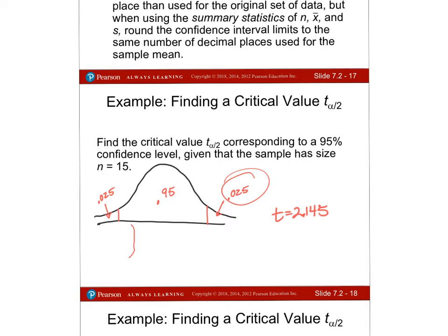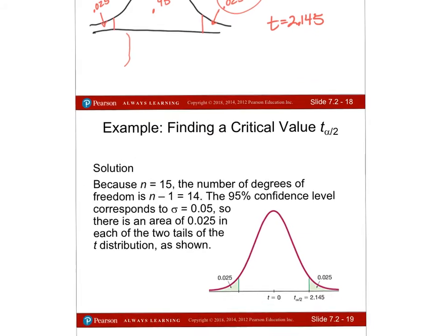Notice if we're using a different sample size, we use that same column, but we'll use a different t value.